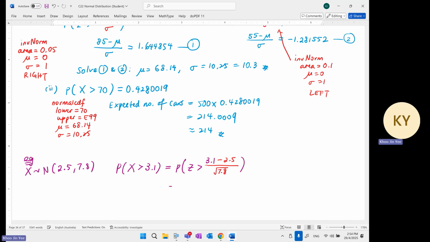So they are looking for z greater than 3.1 minus 2.5 divide by square root of 7.8. Okay, so this one will be 0.214834 like that.